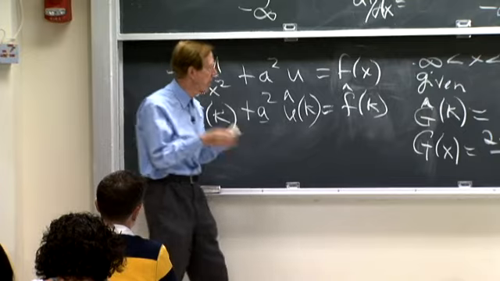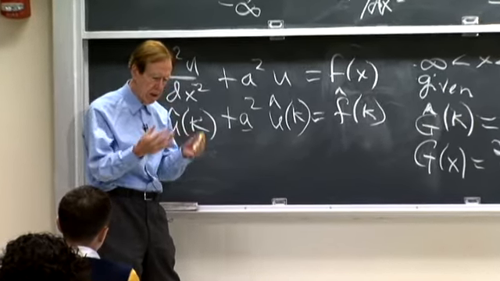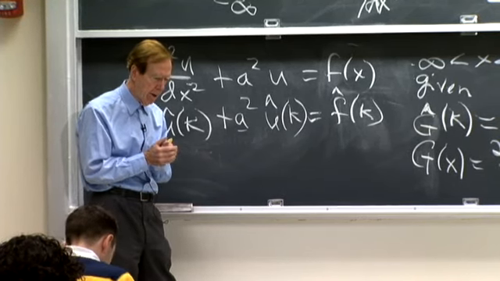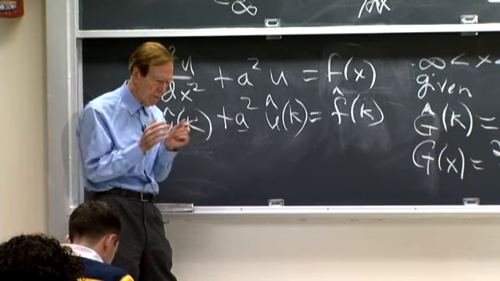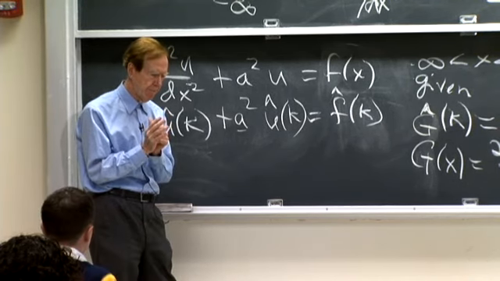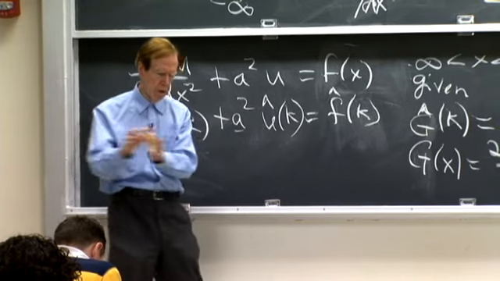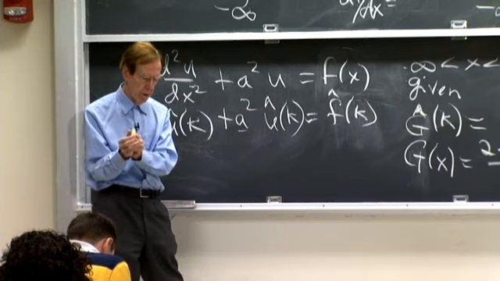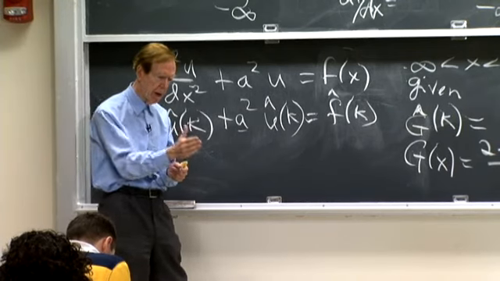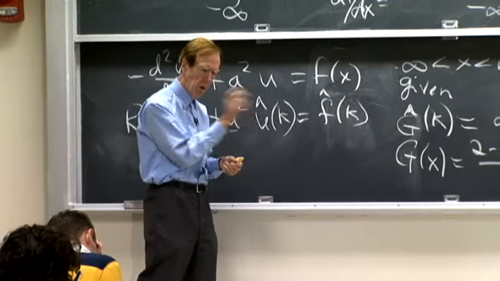So if I can make sense of that statement, that f of x is a combination of deltas, then I'm in. Now, what do I mean by a combination of deltas? Those deltas are going to be shifted deltas. Obviously, the single delta, delta of x, is a spike at the origin. That's only one point.